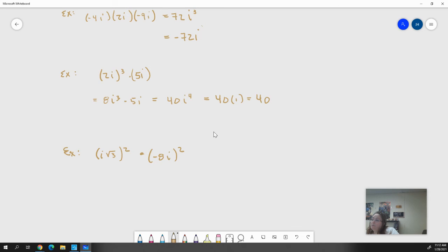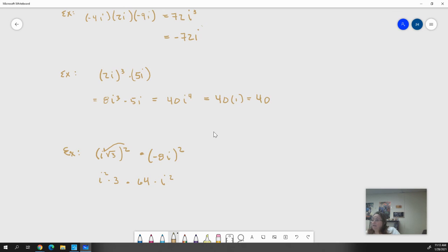We know that when I apply this square to the radical i, I'm going to get i squared. When I square anything inside of a radical, I just get that number. So it's going to be times 3. And then we've got times negative 8 squared. Keep in mind, we're squaring the entire thing, the negative and the 8. That's going to be positive 64 times i squared.